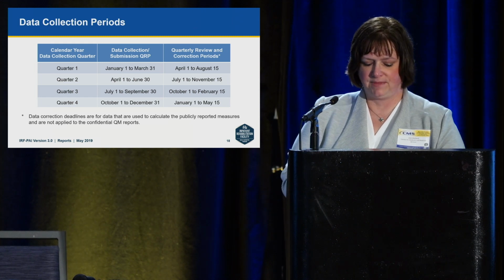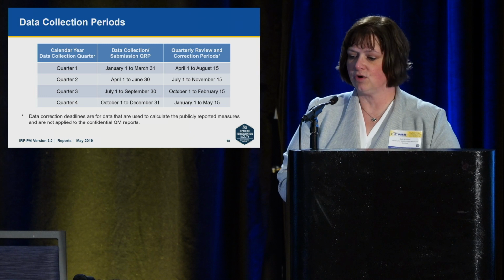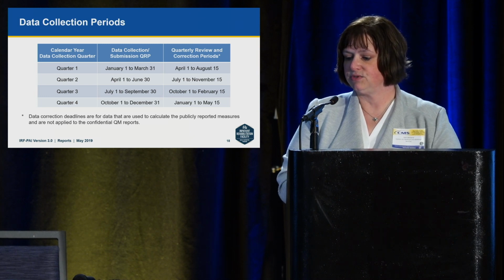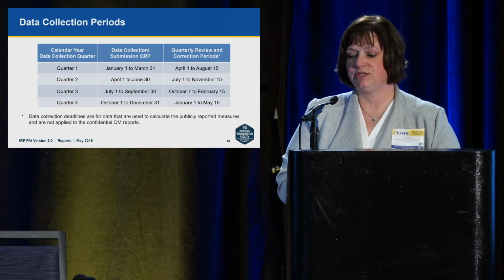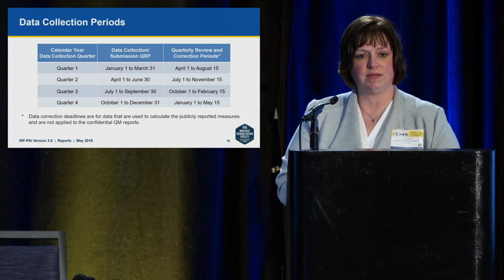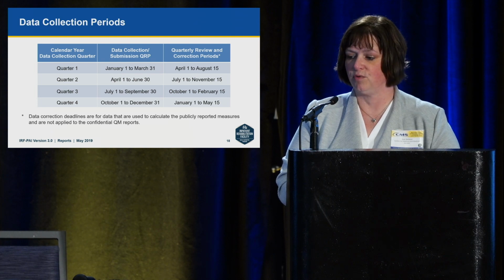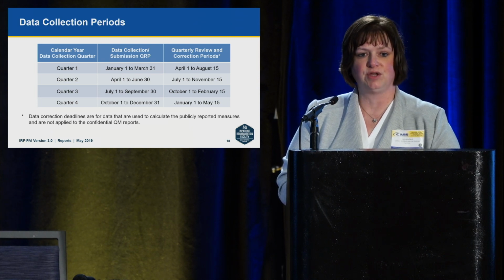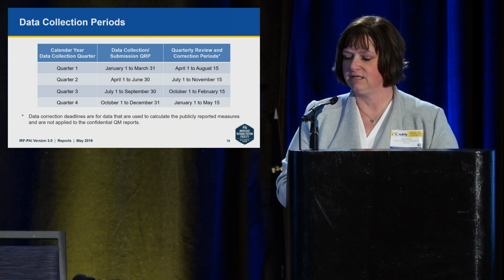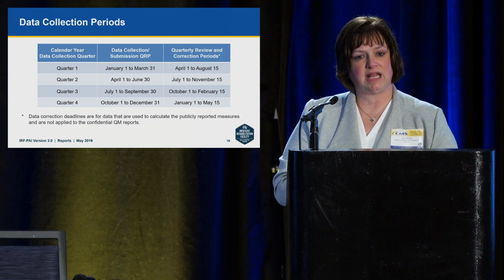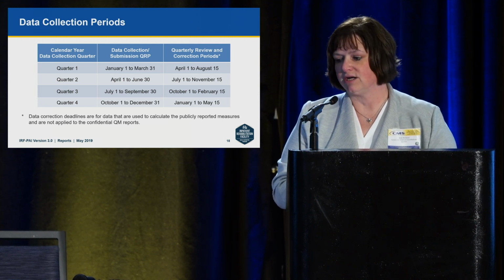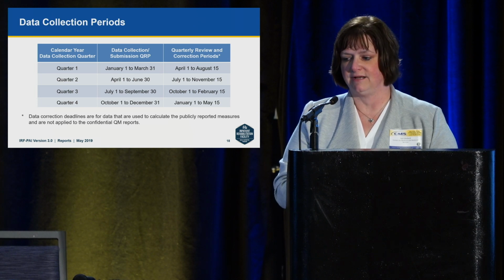As you can see, the data submission deadline for quarter 1, which is January 1st through March 31st, is August 15th. So as soon as the data for quarter 1 become available on the review and correct report, which would be on April 1st, because it's the first day following the end of the quarter, you have between April 1st and August 15th to correct those data.